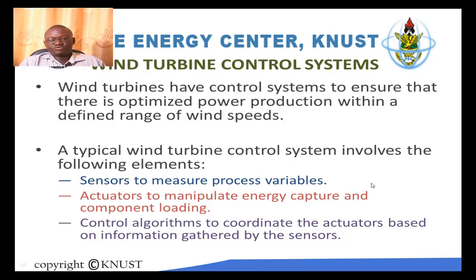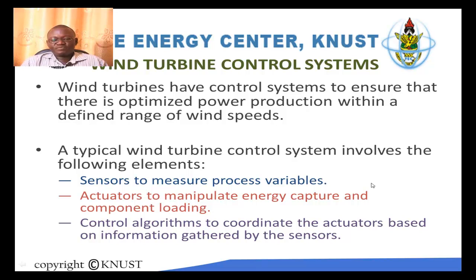Let me cite a typical example. Let's assume that a wind turbine is taking power from wind blowing from the north. Now, when the direction of the wind changes to the east, the wind vane on the wind turbine senses that there's a difference in direction, and then sends this input into the control system. Then the control system activates other mechanisms to change the direction of the wind turbine towards the east.